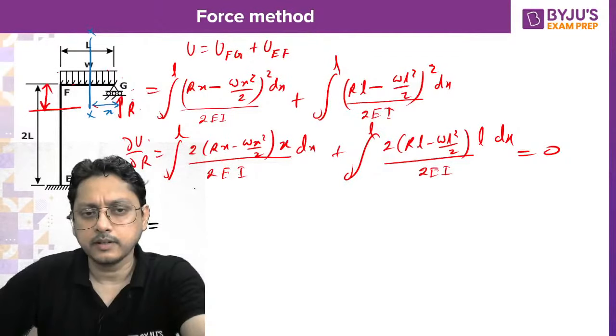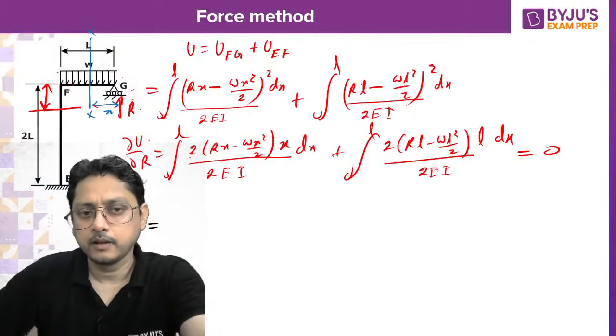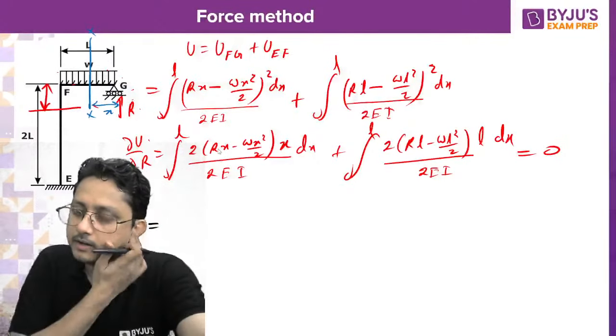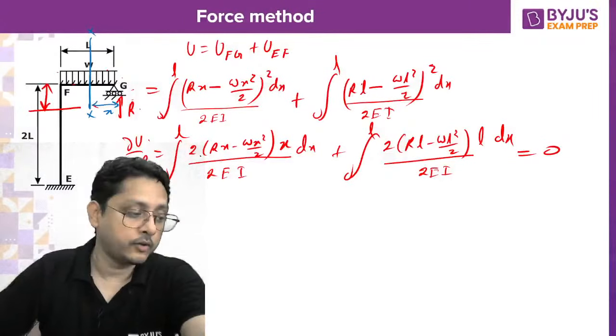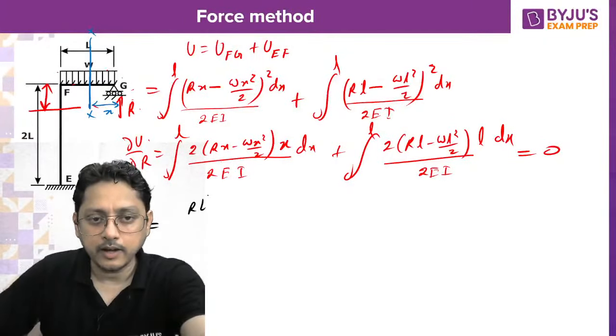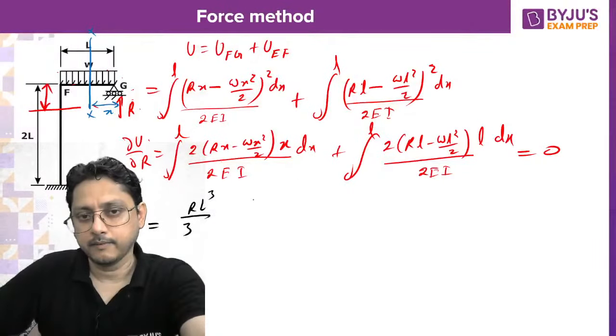So after partially differentiating, how much you will get here? 2 will get cancelled. EI I can take common, and the EI I will send towards that side, so it will become 0. And then Rx, if you integrate, it will become Rx square, and x square, if you integrate, it will become x cube by 3. So I will directly write RL cube by 3.